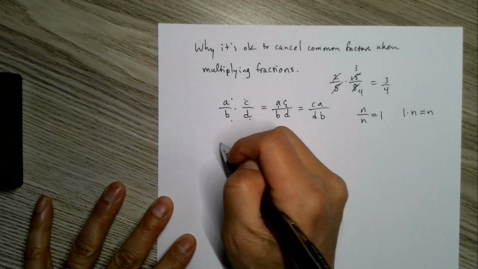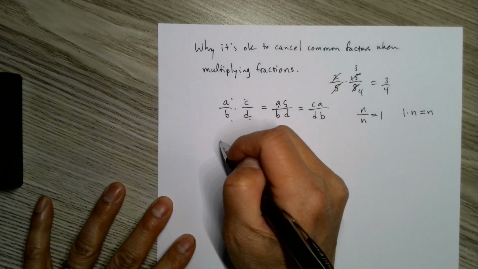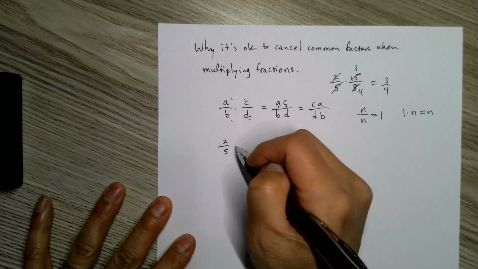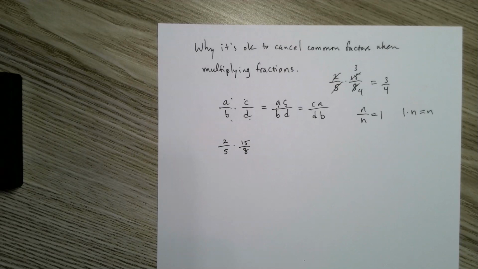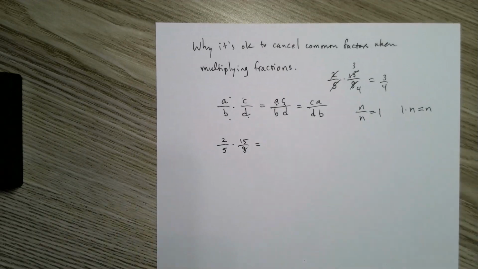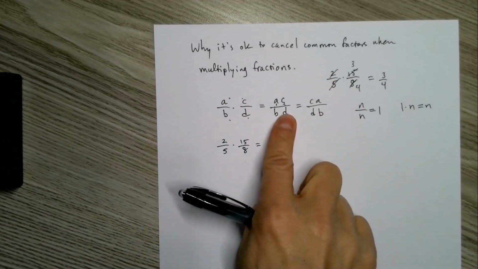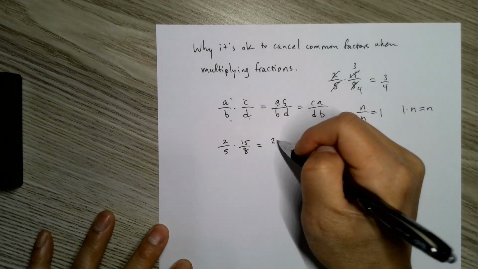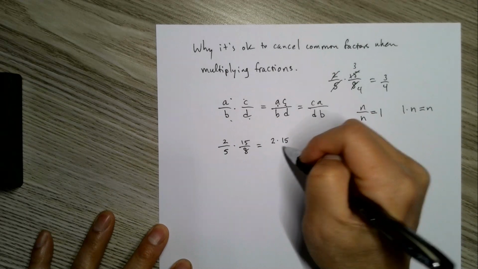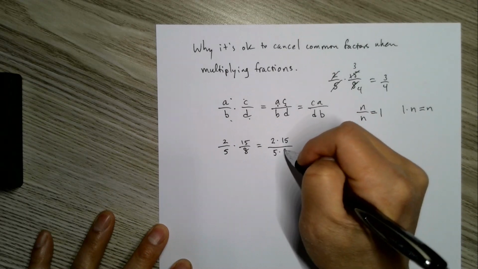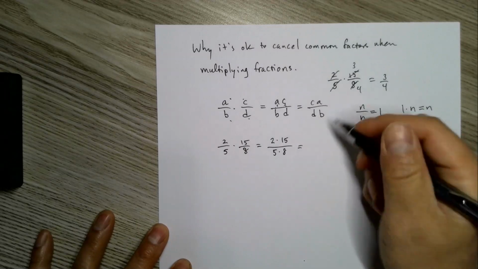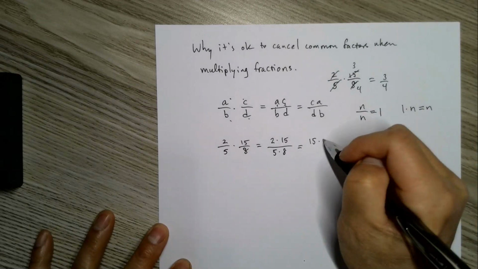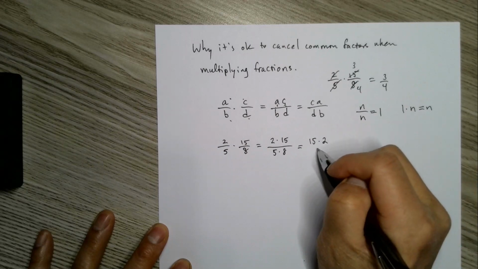So if I start with 2/5 times 15/8, because of the first thing I told you, I can do this. And because of the commutative property, I can do this: change the order of 2 and 15.